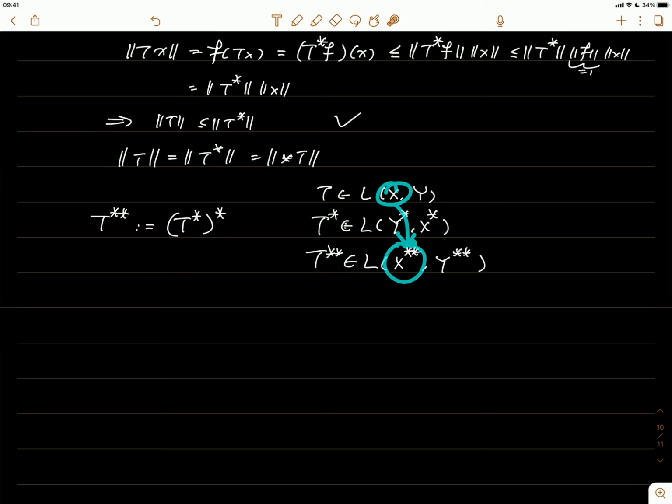So when we look at T double star on the elements in that closed linear subspace, we'll see what happens. Okay, and to see this, let's say that we have this canonical embedding.